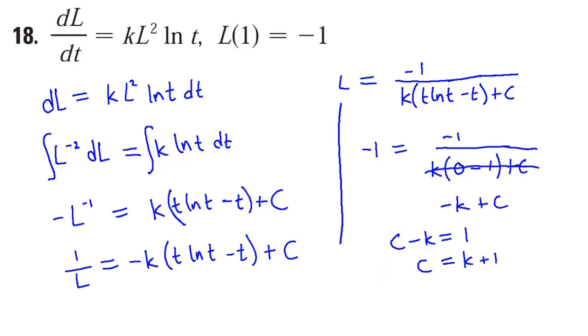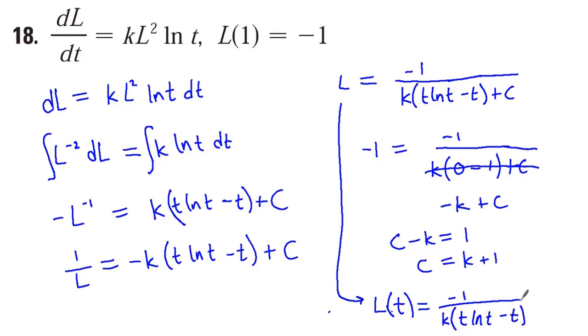So I'm going to go ahead, and with this value for c, I'm going to rewrite my function now. L of t equals, again, this function with k plus 1 in for c. If you did it slightly differently, algebraically, and you have a different form, but it's equivalent, of course that's okay. It doesn't have to look like mine, as long as it's equivalent.